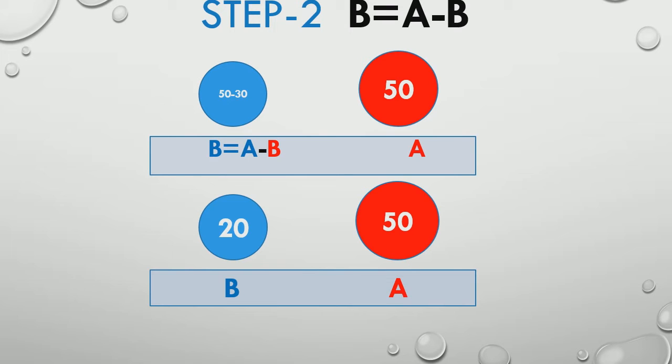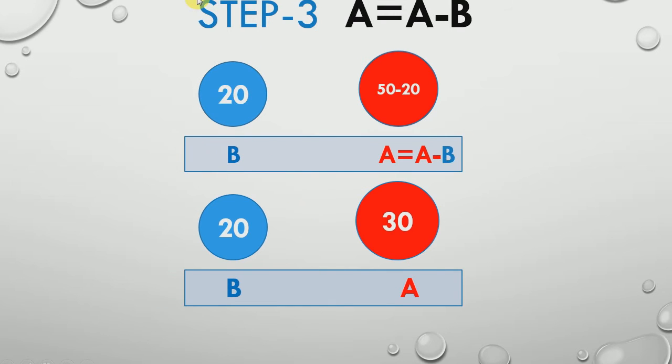Now coming to the third step, which is a is equal to a minus b. In the last step a was 50 and b was 20, so now a will be 50 minus 20, which will be 30, and the value of b will be unchanged in this step.